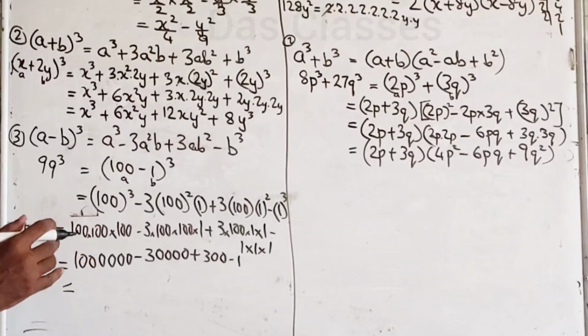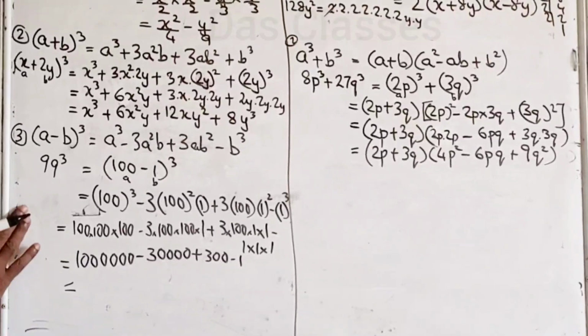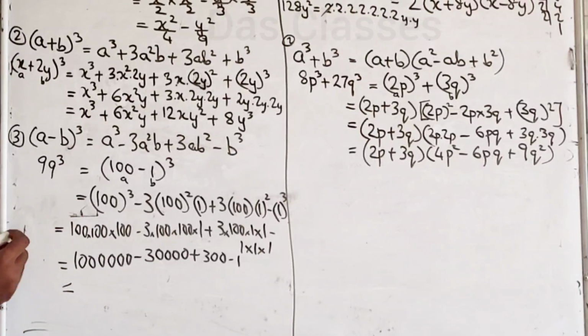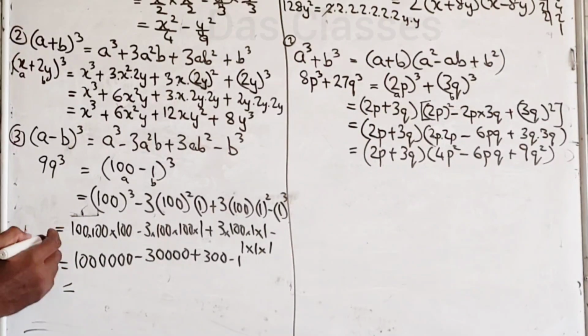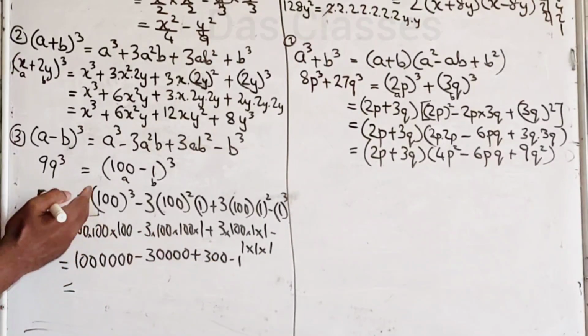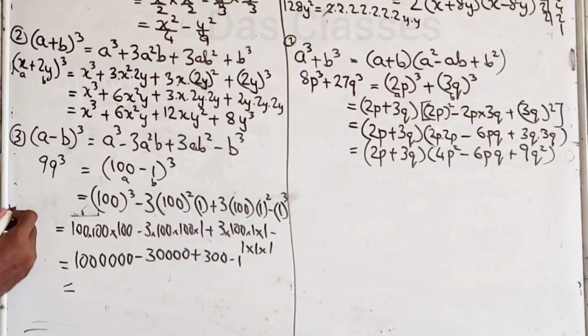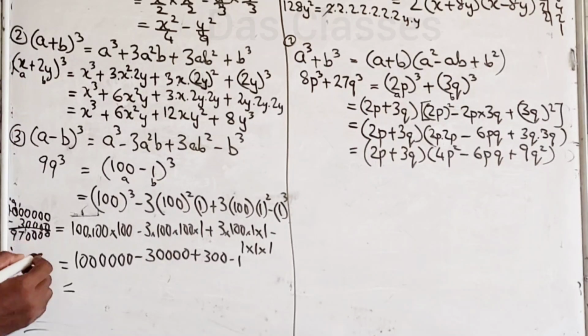So subtract it in the correct order. Don't go haphazardly from anywhere, go in a proper order, otherwise you make a mistake. 6 zeros minus 3 with 4 zeros gives 9700 after carrying.